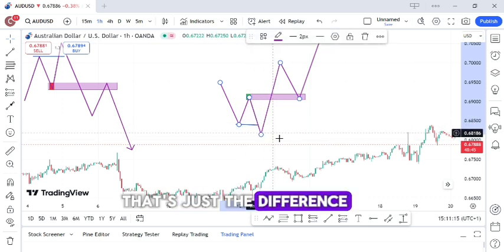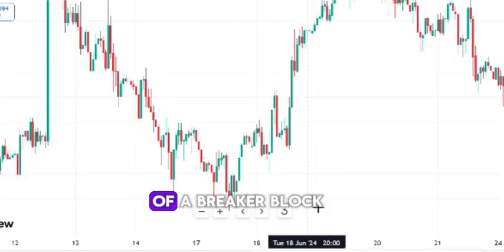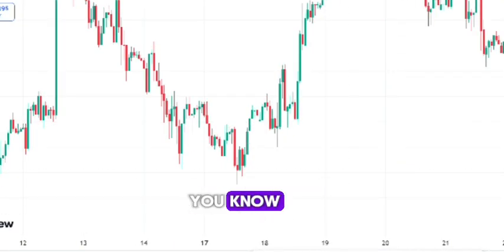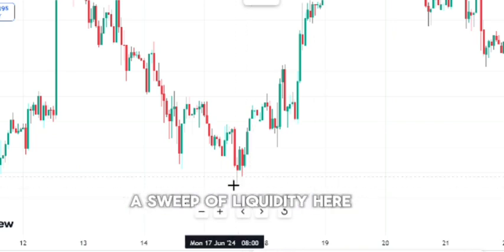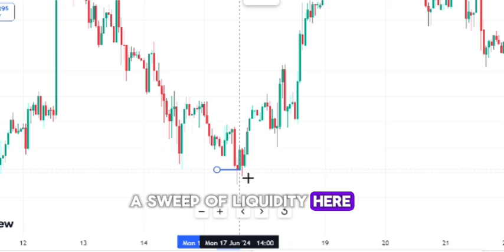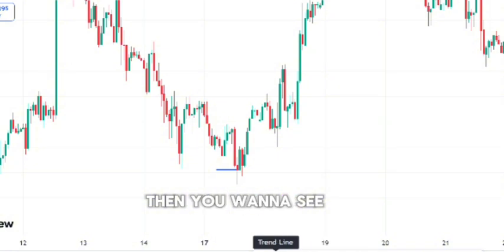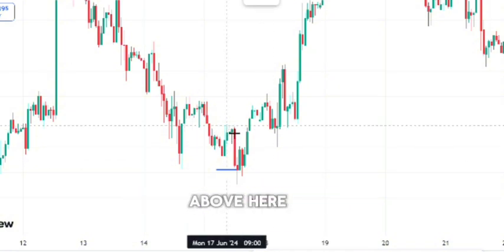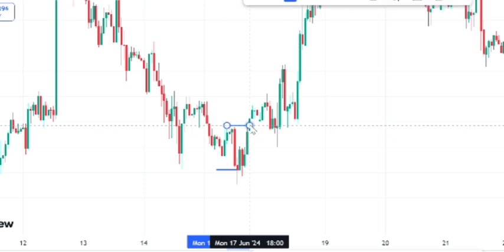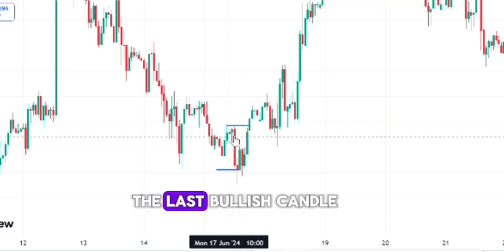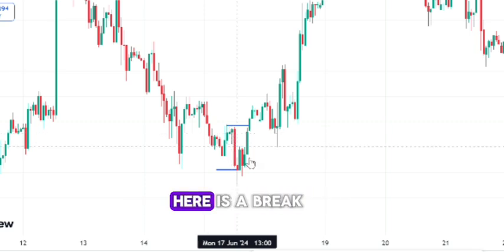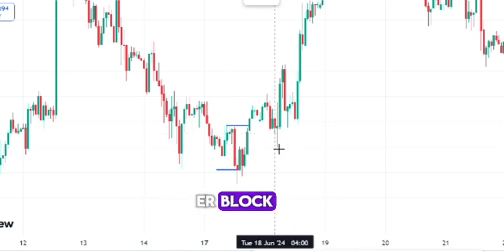So this is an example of a breaker block. You want to see a sweep of liquidity here, then you want to see a change of character above here, and the last bullish candle here is our breaker block.